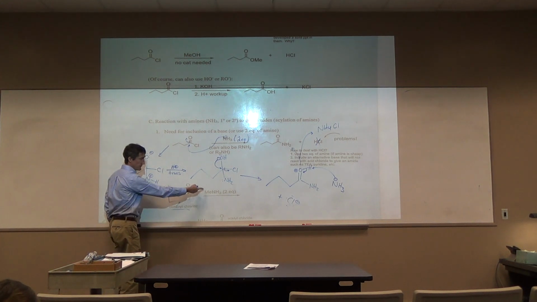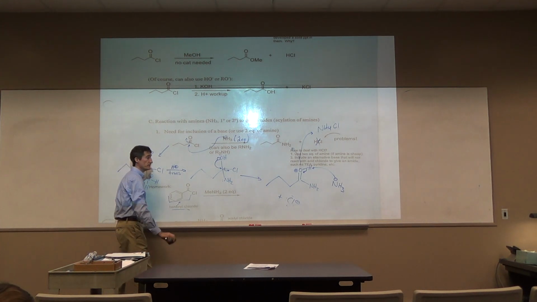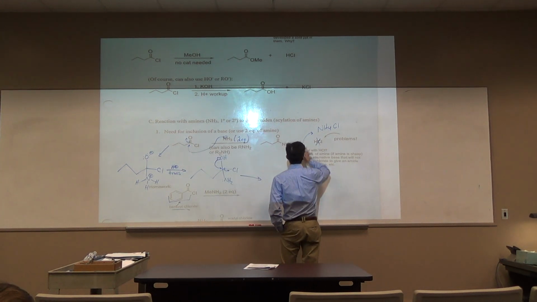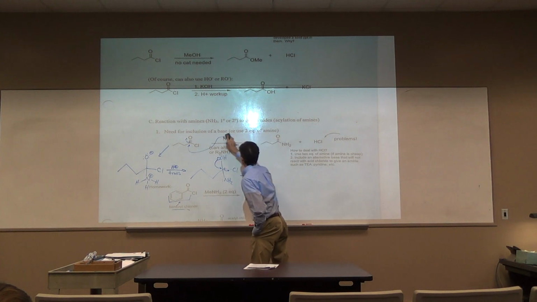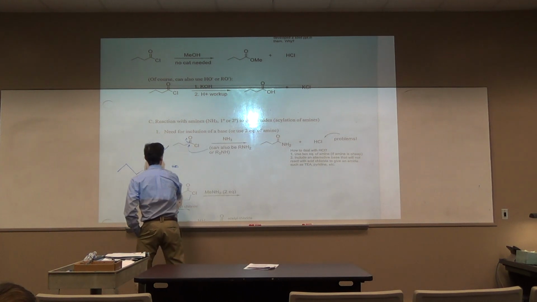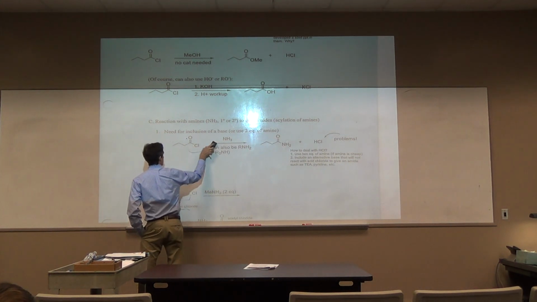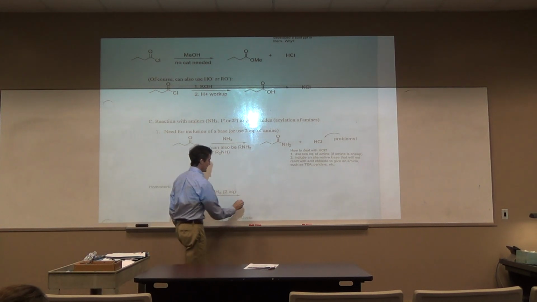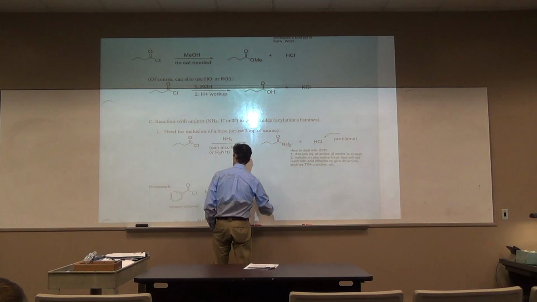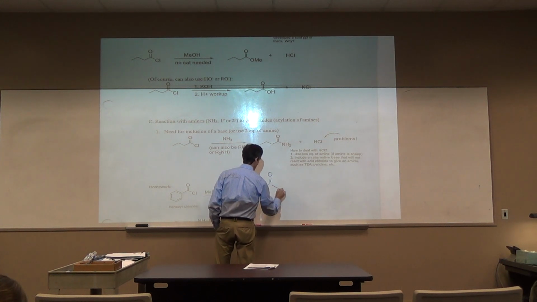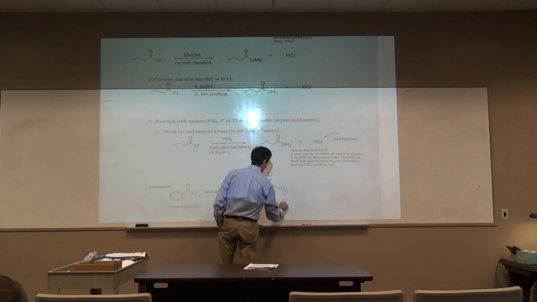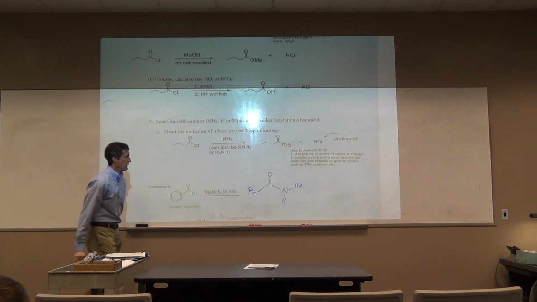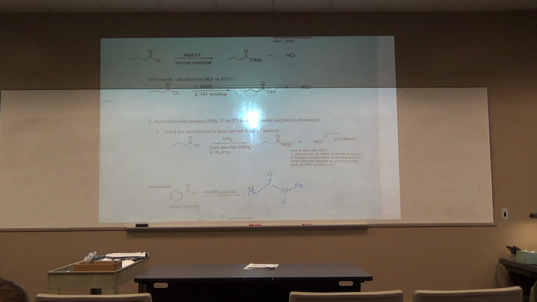Product of benzoyl chloride reacting with 2 equivalents of methylamine: I'll just draw the benzene as a phenyl. We would get that secondary amide.